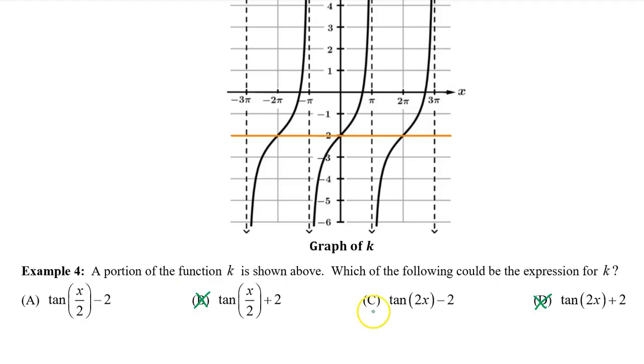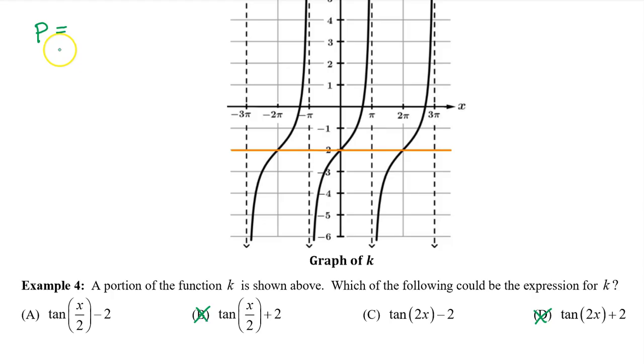Options A and C have different B values. Option A has a B value of 1/2, while option C has a B value of 2. So let's calculate the B value and see which one is a match. First, we need the period. From midline intercept to the next midline intercept, the input values go from 0 to 2 pi.